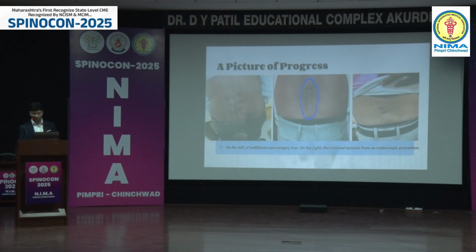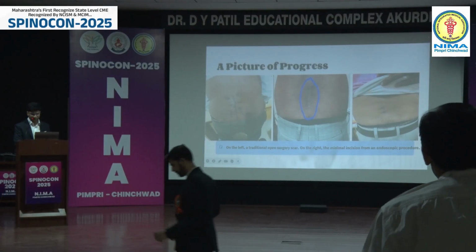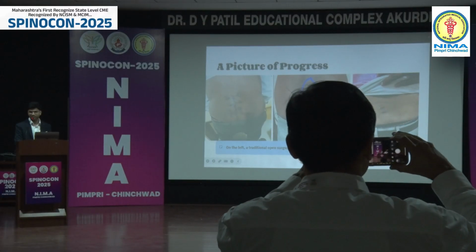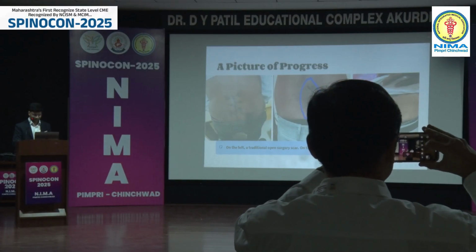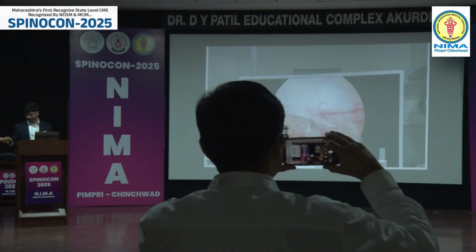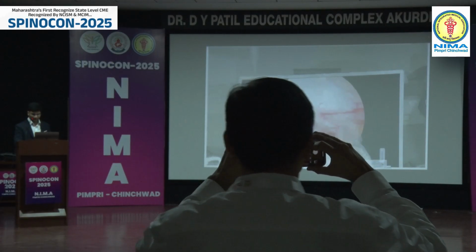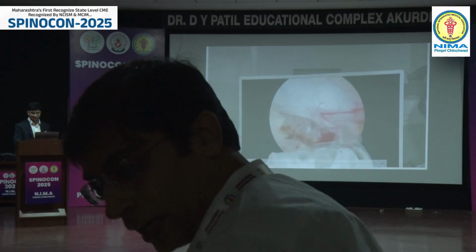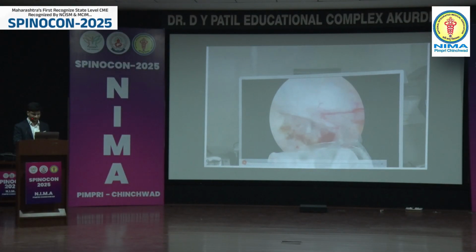So this is the picture of progress. This is the scar of the open spine surgery. This is a microdiscectomy surgery scar, and this is endoscopic spine surgery. And this is the kind of visualization we expect in endoscopic spine surgery.